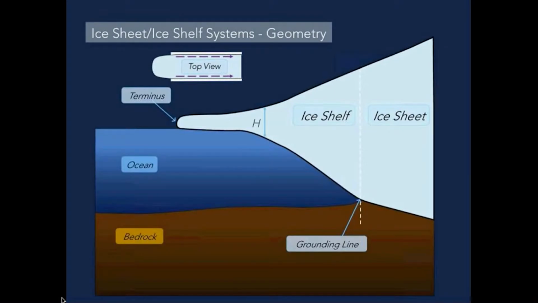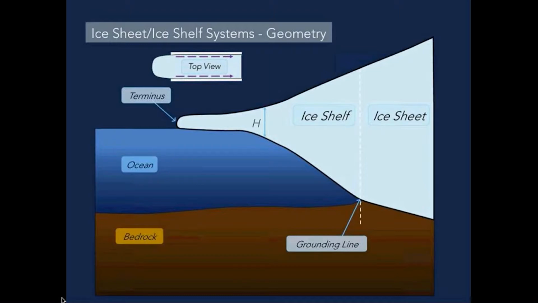So to zoom out just a little bit further and think about the overall geometry of an ice sheet, ice shelf system, starting at the upper right-hand side, you have the ice sheet flowing from the interior of the continent out towards the ocean. And again, it is eventually thinning and eventually will become thin enough to float.